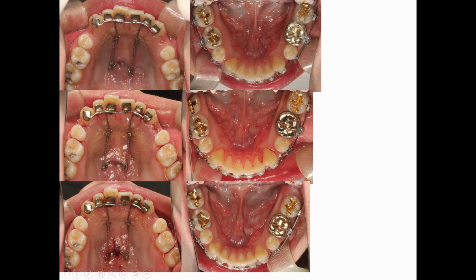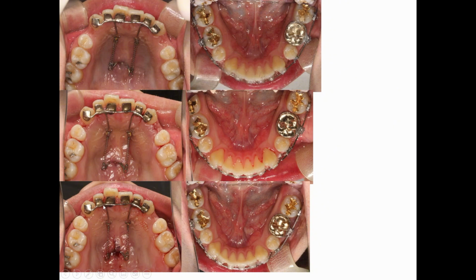But in this case, if I am the student of this patient, when I check the lingual area around here, I felt there is a weak area at here. At that time, I will tie the wire from here to here and here to here and tie here.